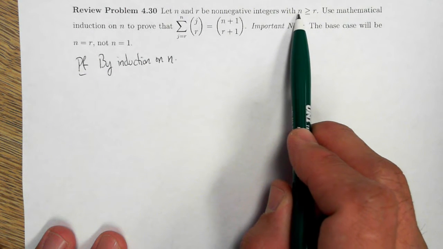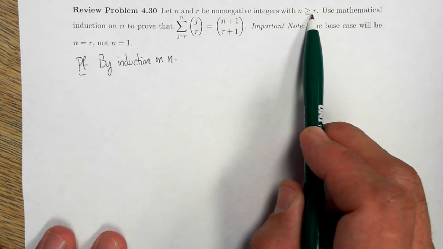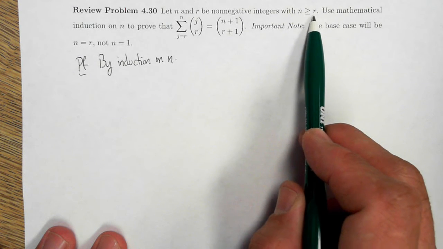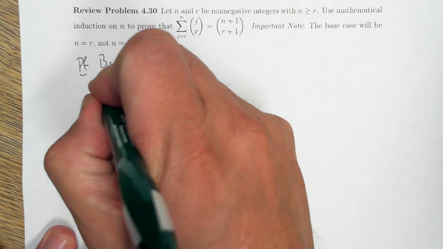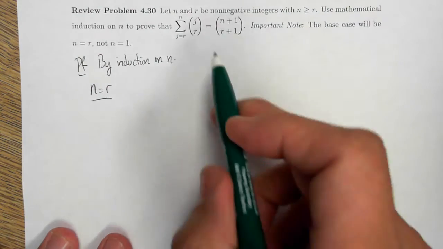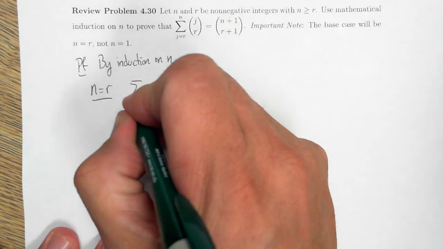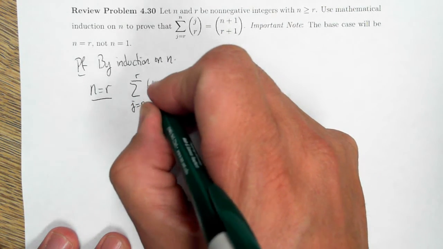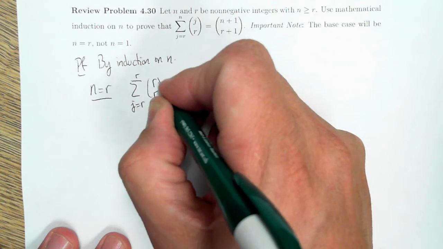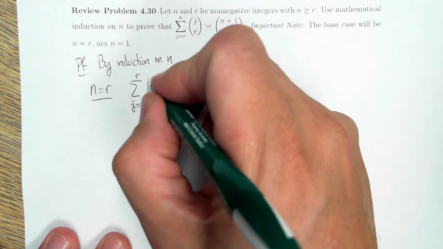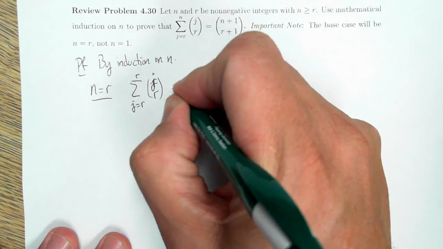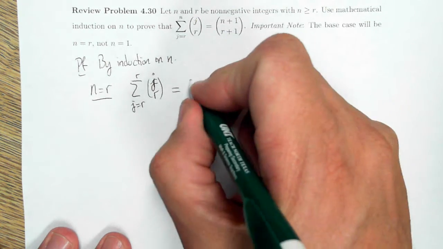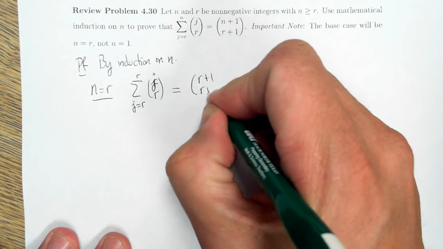Now this is supposed to be true for n greater than or equal to r. So the smallest possible value of n that I need to worry about is equal to r, where r is some fixed number. So n equals r is my base case. On the left-hand side, I have the summation j equals r to r of j choose r. On the right-hand side, I would have r plus 1 choose r plus 1.